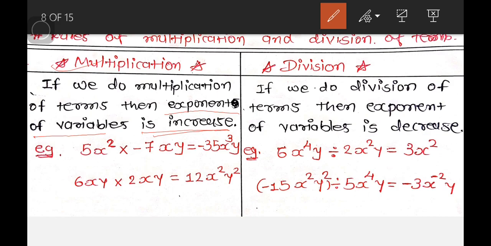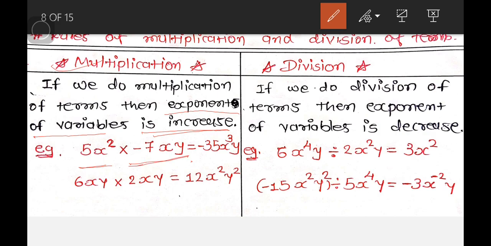For any two terms, if we multiply one term by another term, then the exponent of the variable increases. Here is an example: 5x square multiplied by minus 7xy.